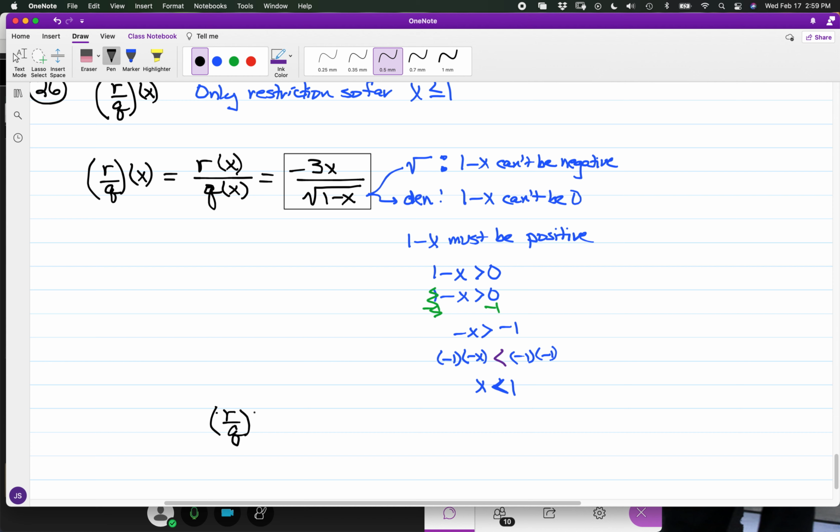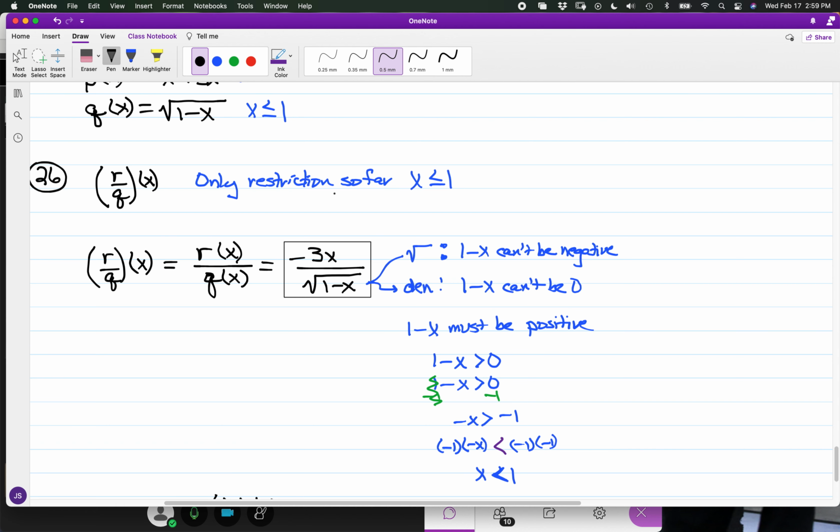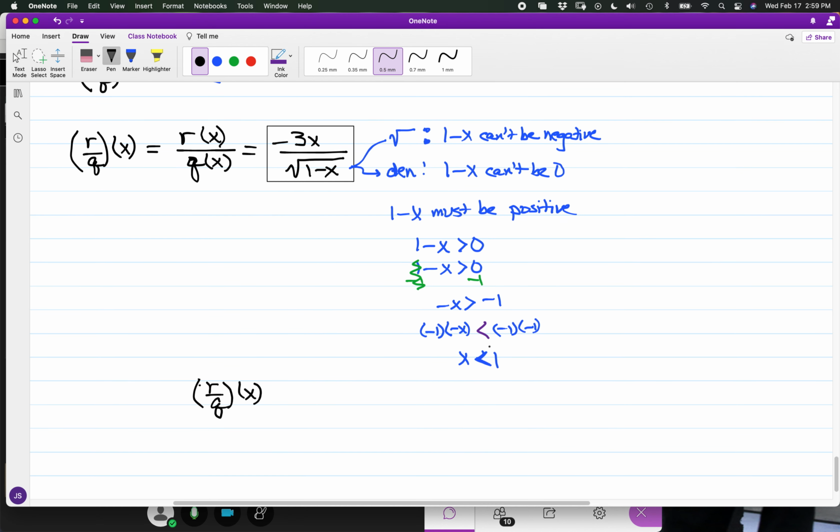So for R over Q of x, okay, notice I had said only restriction so far, and the reason I said so far is that we're dealing with the quotient function. So there could have been another restriction created, and guess what? That added restriction disallowed x from being equal to 1.